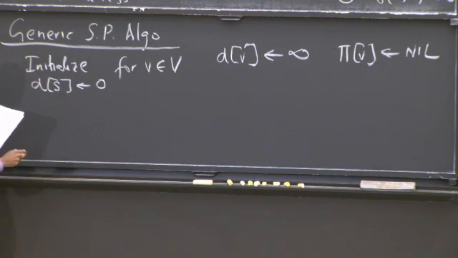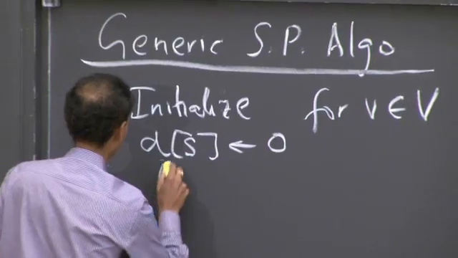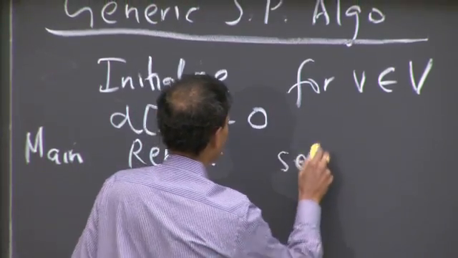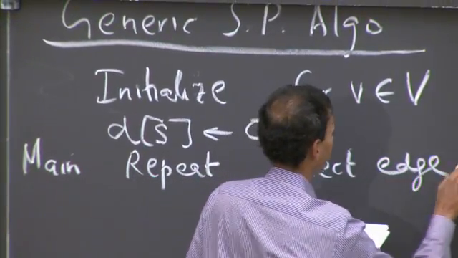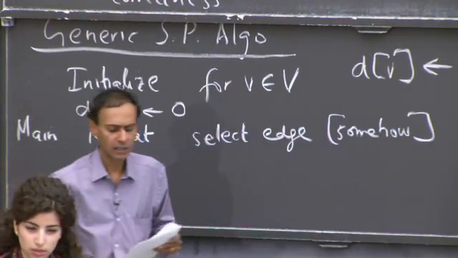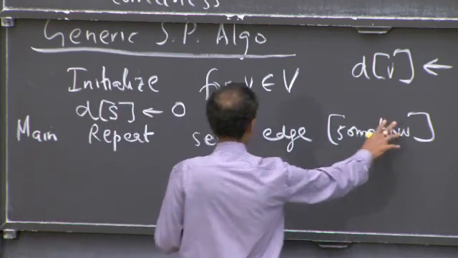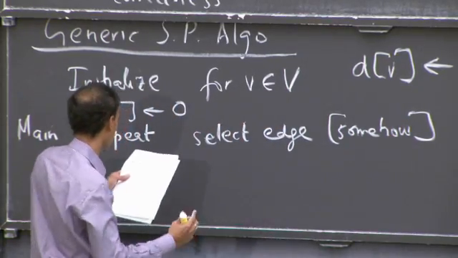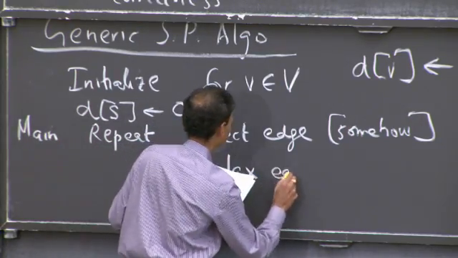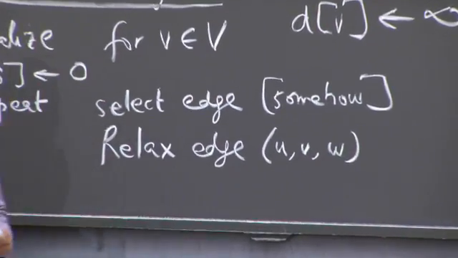That's your source. And the main loop would be something like repeat select an edge, and we have a particular way of selecting this edge when we have positive edge weights that corresponds to the minimum priority, and we talked about Dijkstra, but we have maybe different ways of doing that, but you have to select an edge somehow, and then we relax that edge, u, v, w, and you know about the relaxation step.